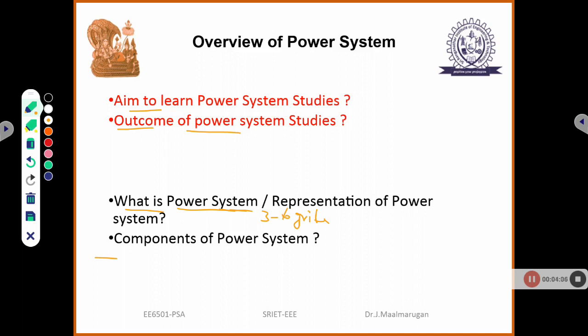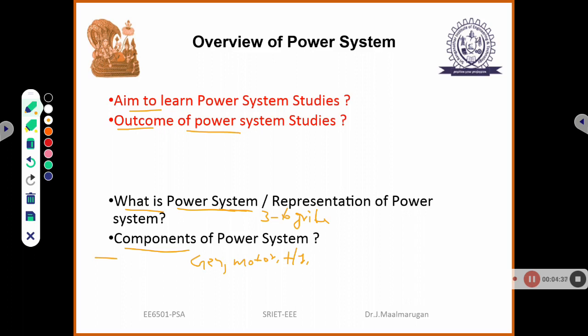Are you clear? Okay. Next, what are the components of power system? That is also important. These are very simple questions. The components of power system are generator, motor, transformer, distribution transformer, and loads.